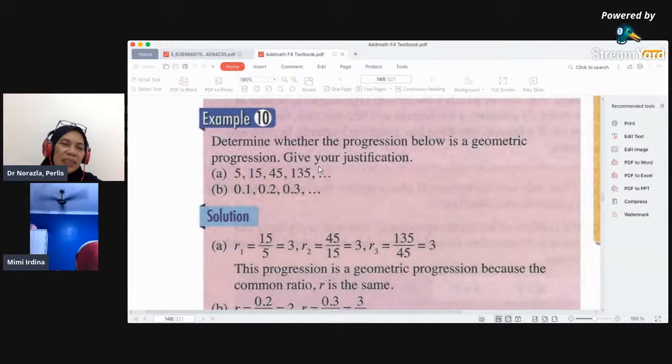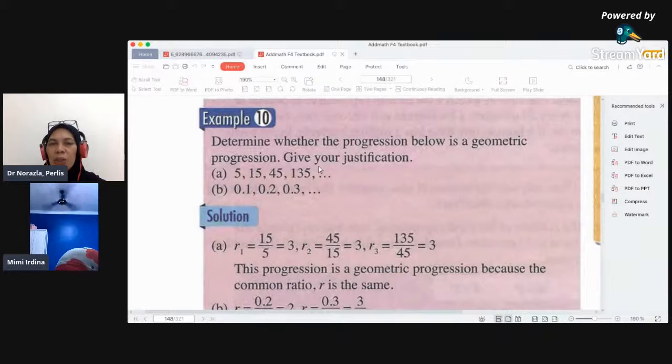You can use either T2 divided by T1 or T3 divided by T2 or T4 divided by T3. It depends on you. But because we need to justify, we need to try all these possibilities to make sure that the common ratio is the same.